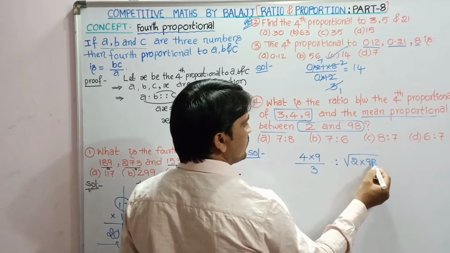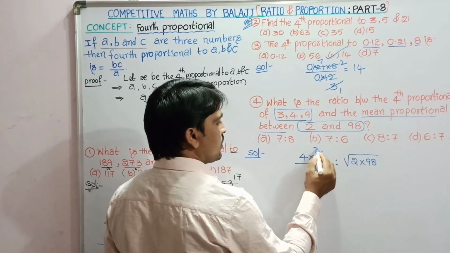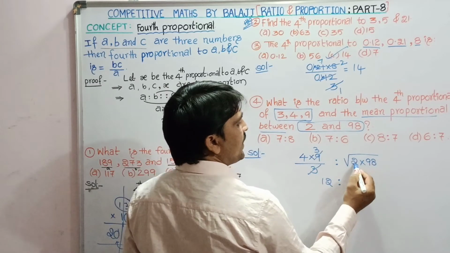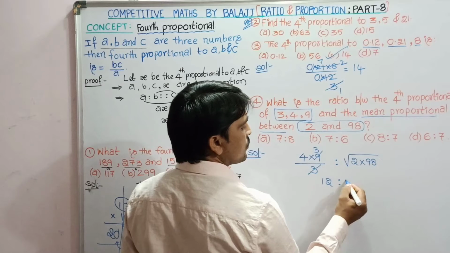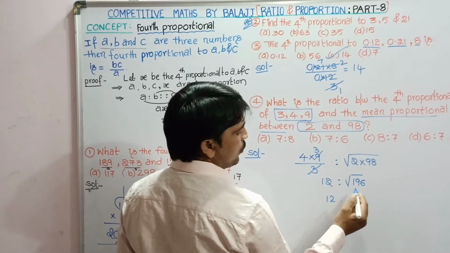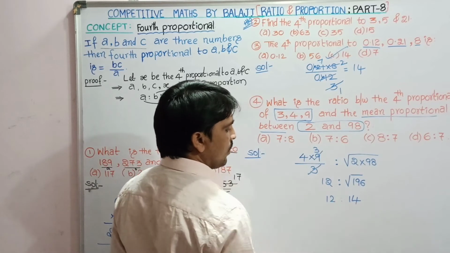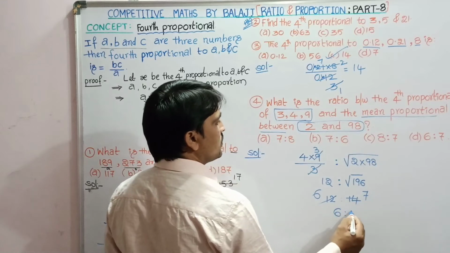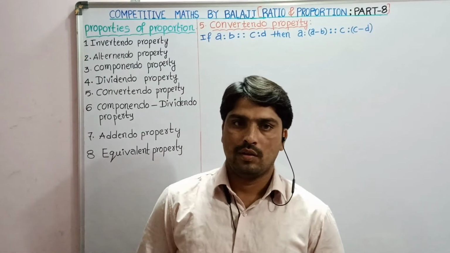Twice 98 is 196. The square root of 196 is 14, since 2 6s are 12, 2 7s are 14. So the answer is 6 is to 7.